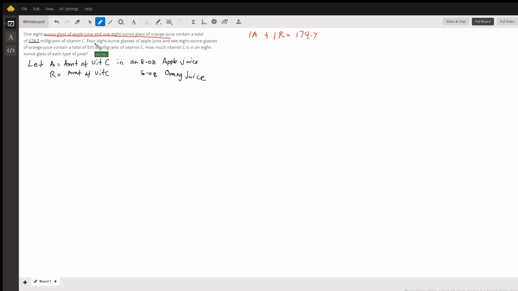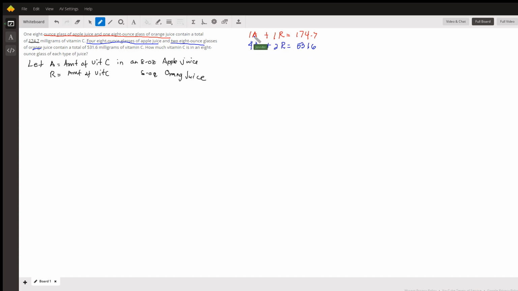The second statement says 4 glasses of apple juice and 2 glasses of orange juice. So 4 glasses of apple juice plus 2 glasses of orange juice will give you 531.6 milligrams. Okay, so now we can use elimination. When you want elimination, you want one of the variables to have the same coefficient.